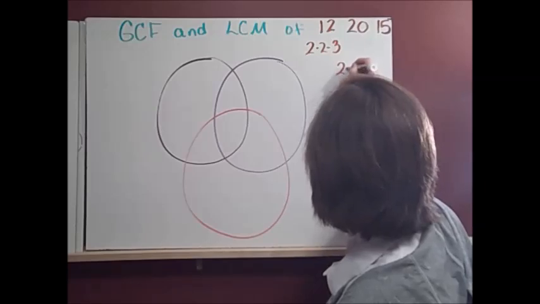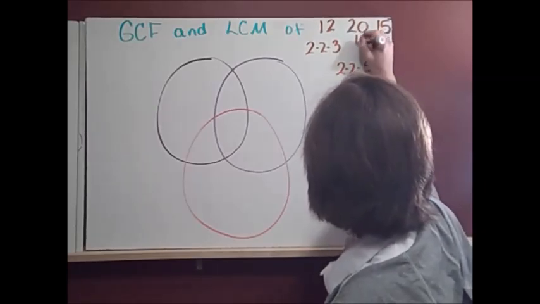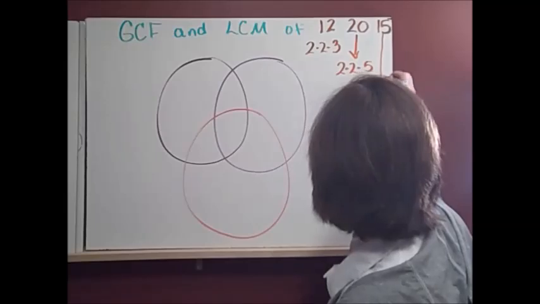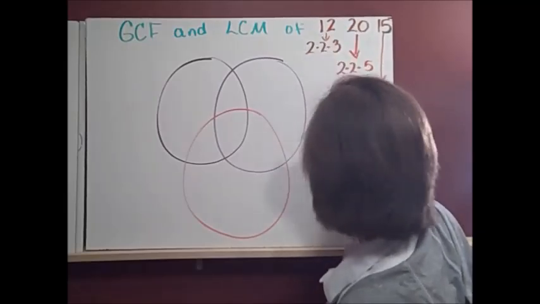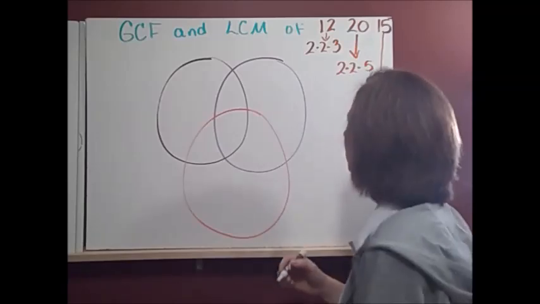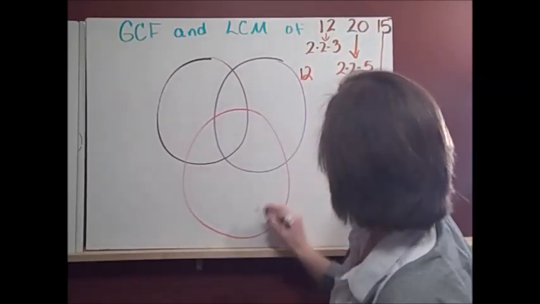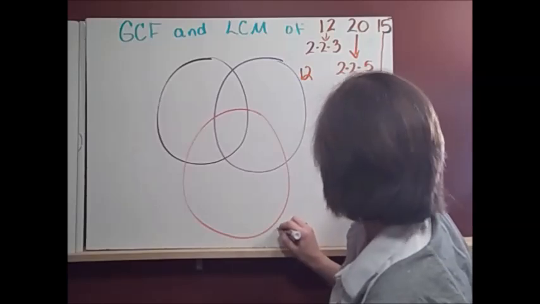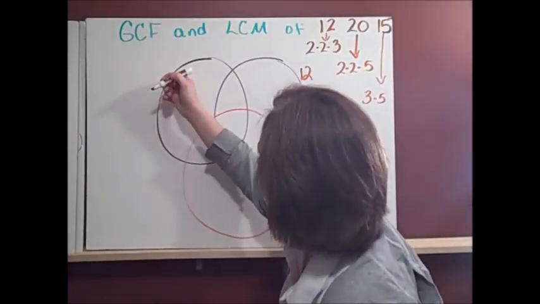And 20 we remembered was 2 times 2 times 5. And 15 we remembered was 3 times 5. So if I identify each of these to be in a circle, this could be 12. So purple is 12, and 20 is red, and 15 is black.